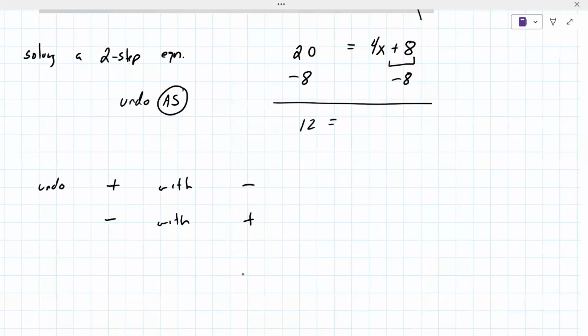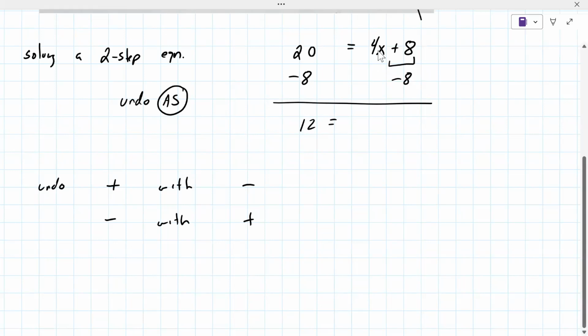12 equals. Now, these go away. The 8 and the minus 8 go away. So what is left over on the right? If 4, the 8, what else do you see? 4.